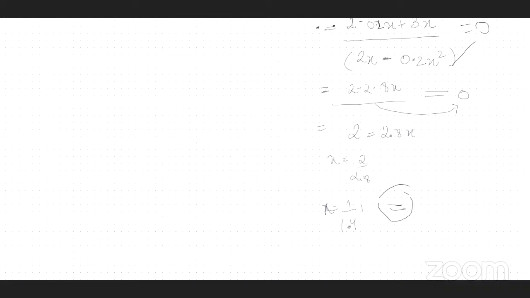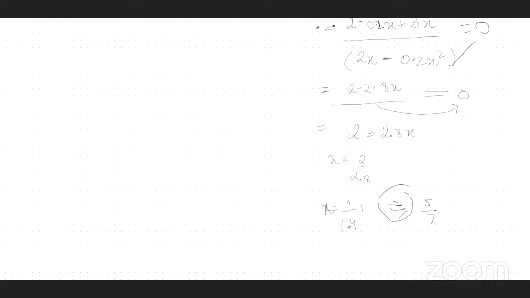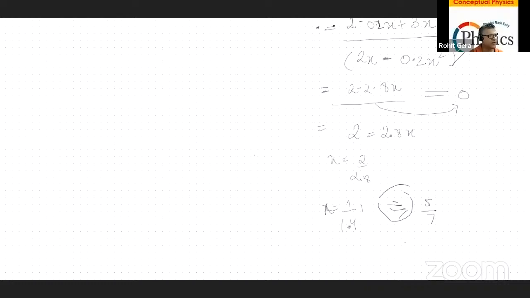You're talking about 10 by 14, which is equal to 5 by 7, right? 1 divided by 1.4 is equal to 1 into 10 by 14.